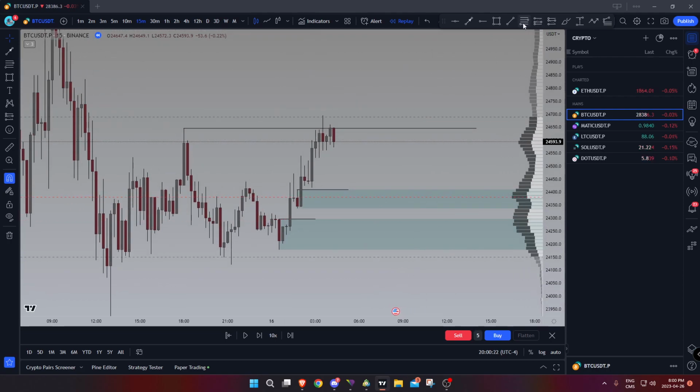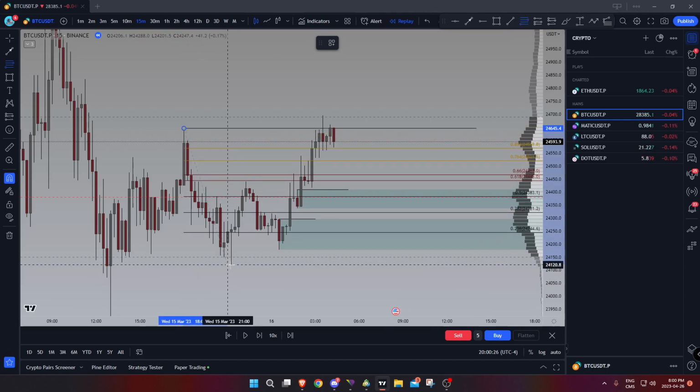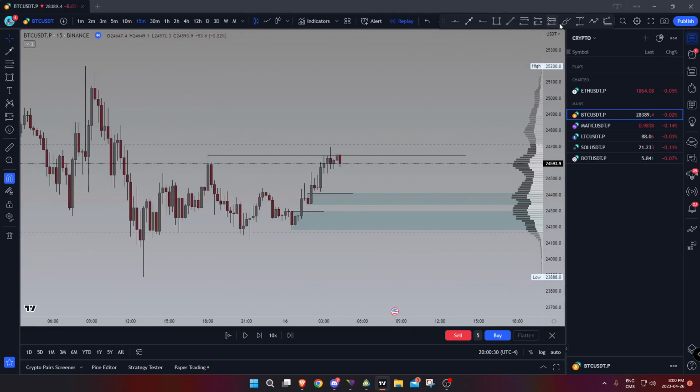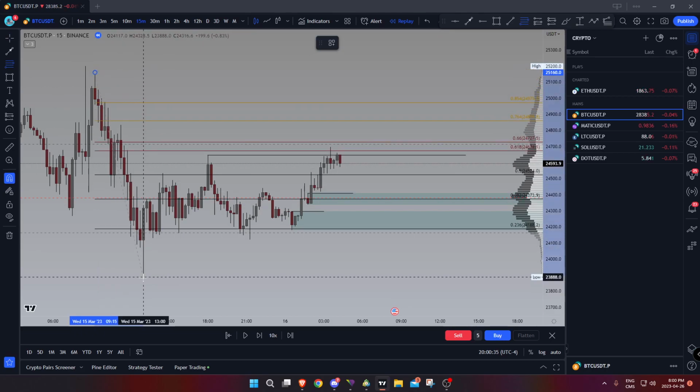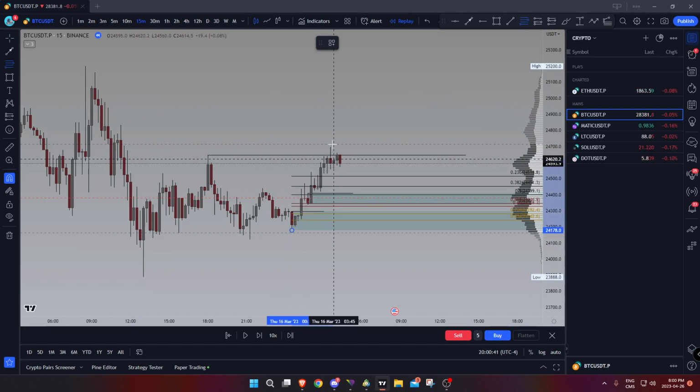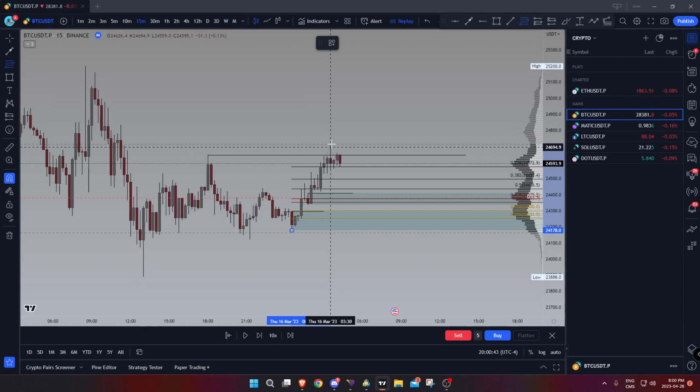Now comes the point of using my fib tool. I will start from the last big swing high to the last swing low. No, sorry. So this is what I'm looking for right there.